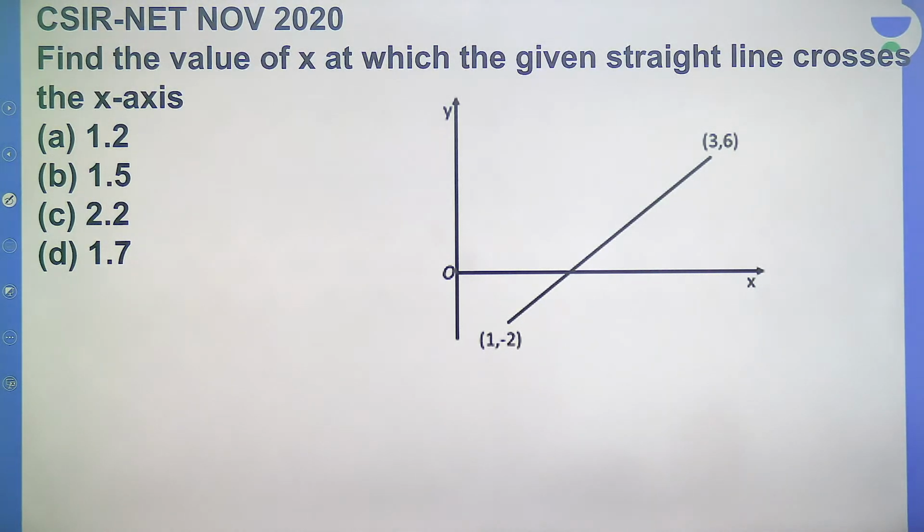November 2020 problem. All of you make a try.